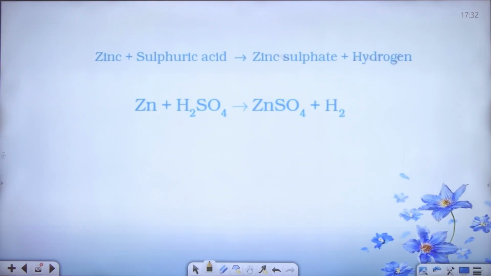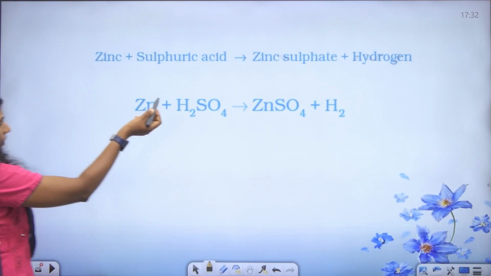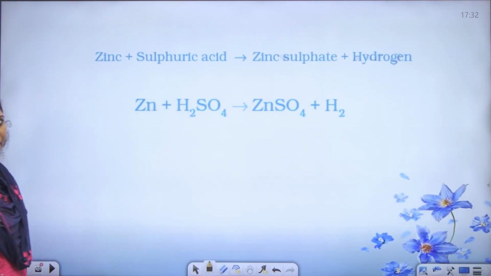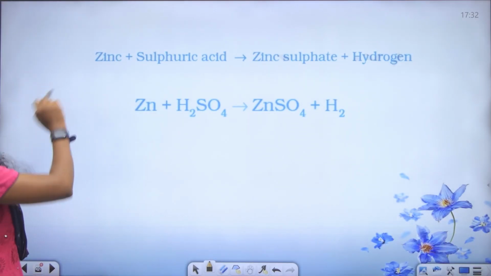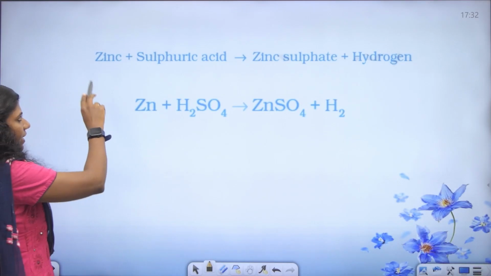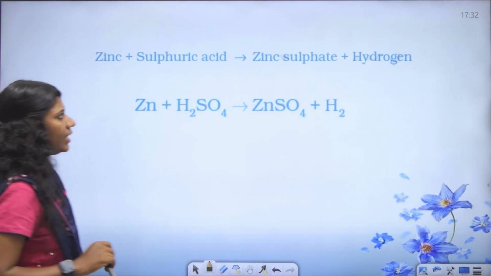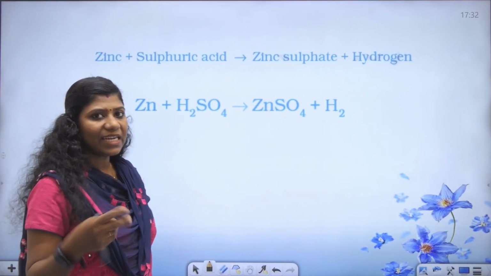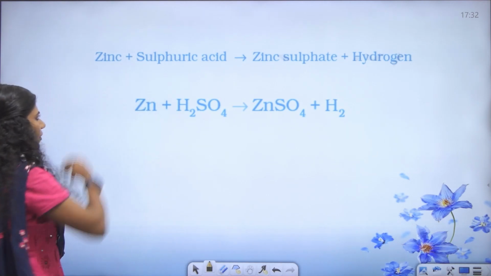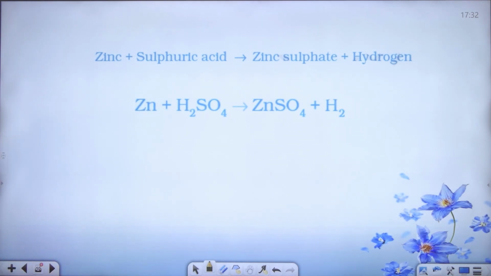Another equation: zinc reacts with sulfuric acid. Zinc granules react with dilute sulfuric acid or dilute HCl to liberate hydrogen gas. Our third experiment: zinc reacts with sulfuric acid to give zinc sulfate and hydrogen. This is the word equation. The chemical equation is Zn plus H2SO4 gives ZnSO4 plus H2.